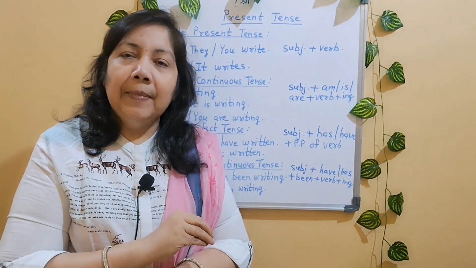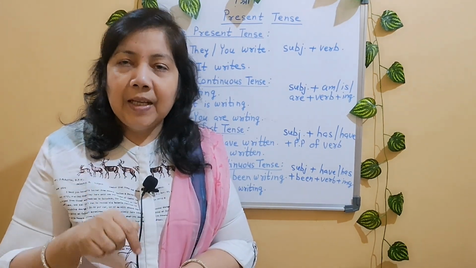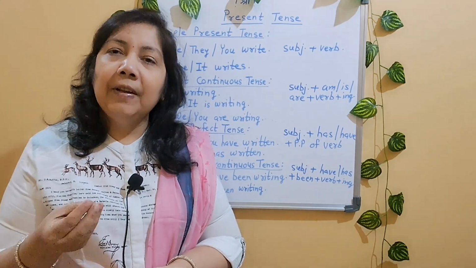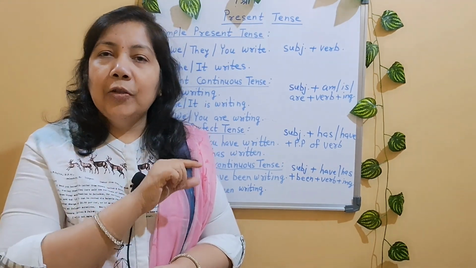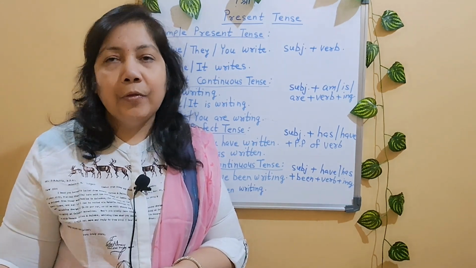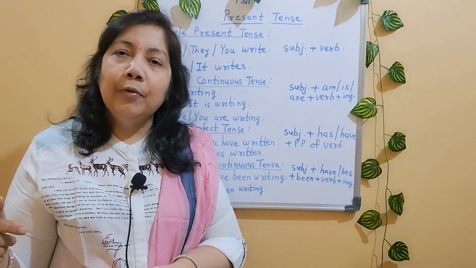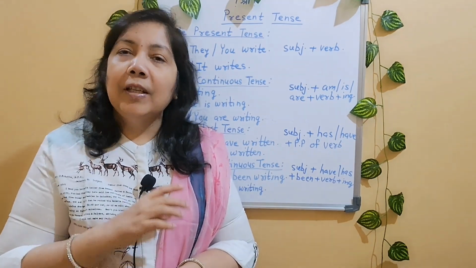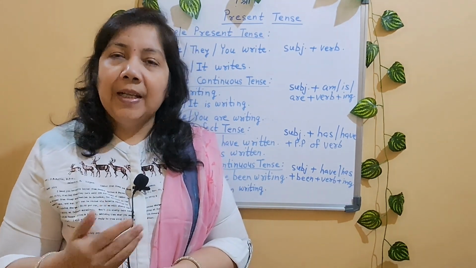Started somewhere in the past, still in present it is going on, and sometime in future it will continue. So the action is continuous from past to a little bit in future. Then that time we use present perfect continuous tense. So these are the four types of present tenses.